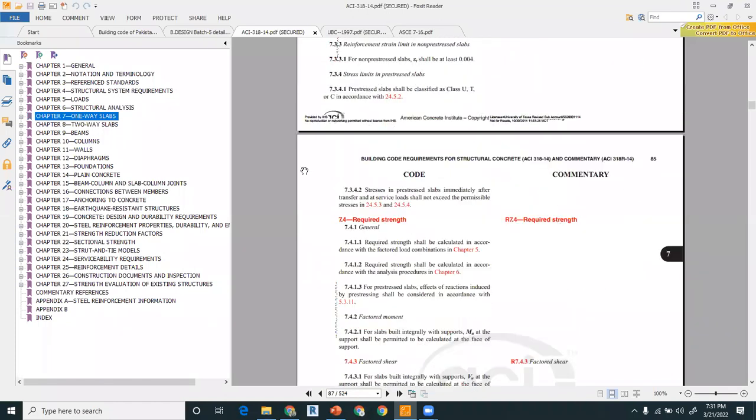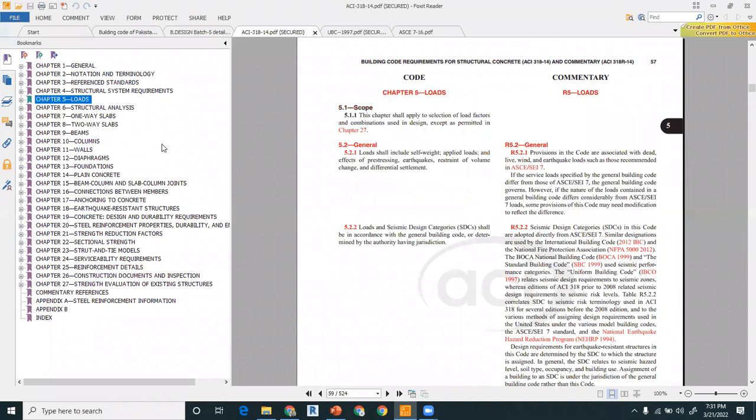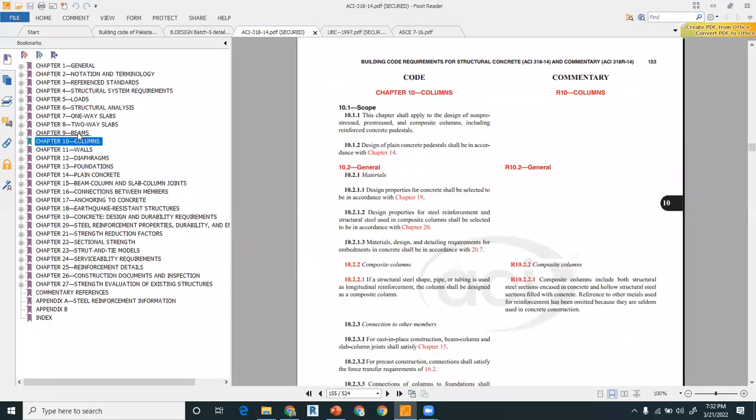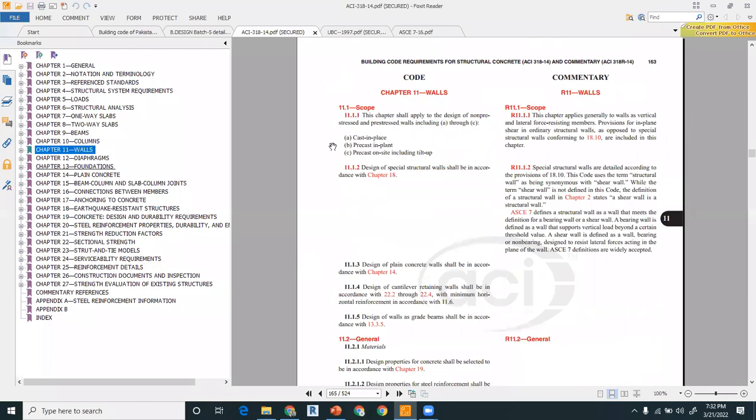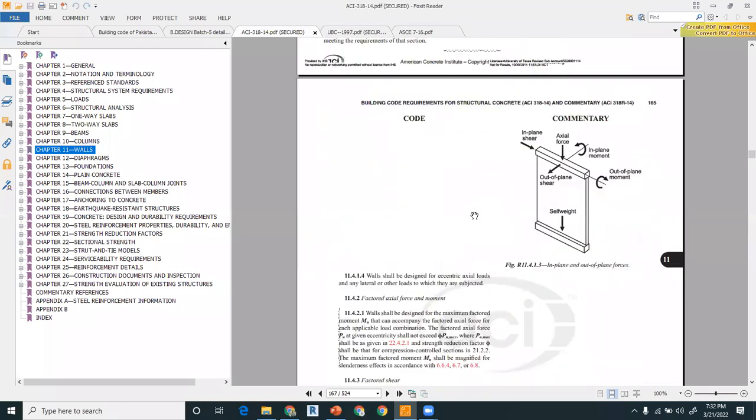What is the maximum spacing of the bars? Again, this is the two-way slab chapter. These are the loads, and loads are the same. It is taken from the ASCE 7-16, which we will discuss. Chapter 10 is about the columns. This is chapter 9 beams, and this is the structural wall chapter, chapter 11, right? And you can go through these chapters as per your requirement.